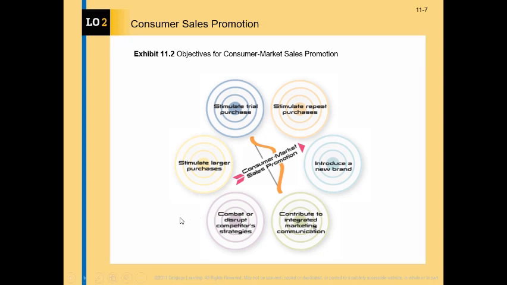You have also the case of self-promotion being used to combat or disrupt competitor strategy. Not that you do it as part of a marketing plan, but suddenly your competitors do something that is taking customers away from you or sales.